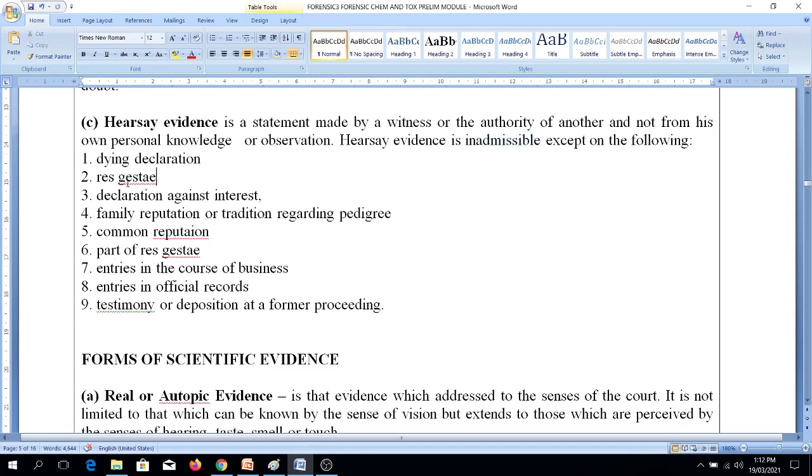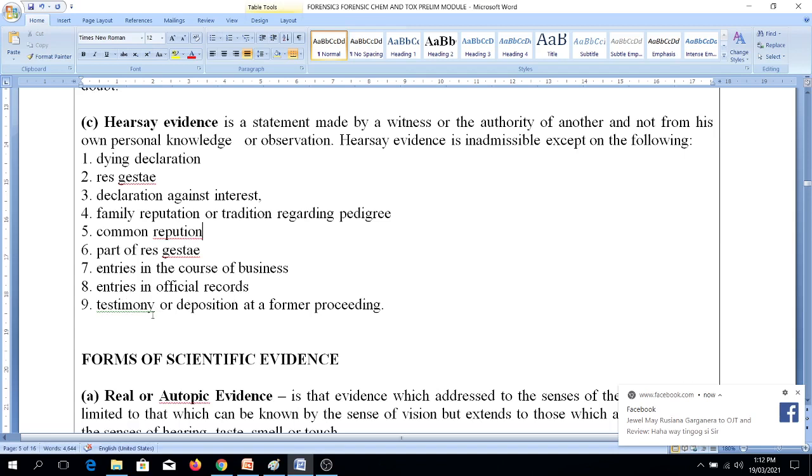Another is, very common, res gestae, declaration against interest, family reputation or tradition, common reputation. What else? Part of res gestae, part of entries in the course of business. What else?